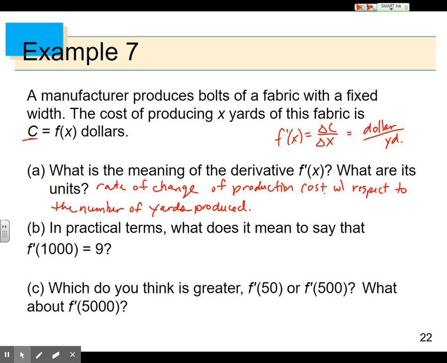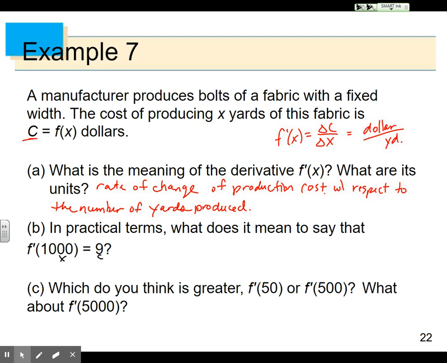So in practical terms, what does it mean to say that f prime of 1,000 equals 9? Keep in mind, this is my x, and this would be my c, because that's what it's equal to.